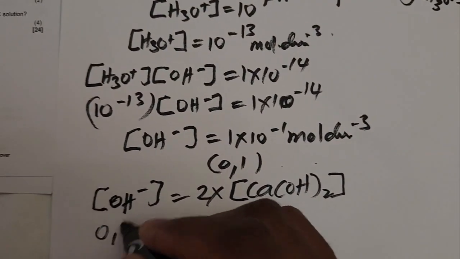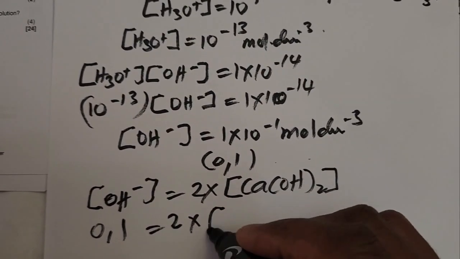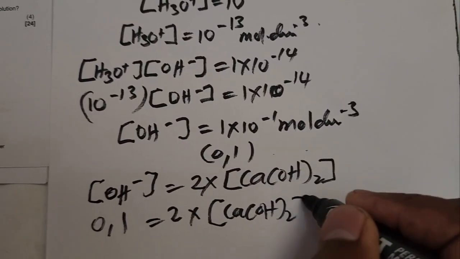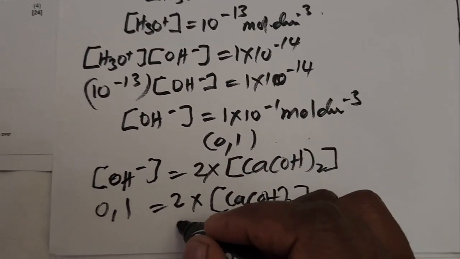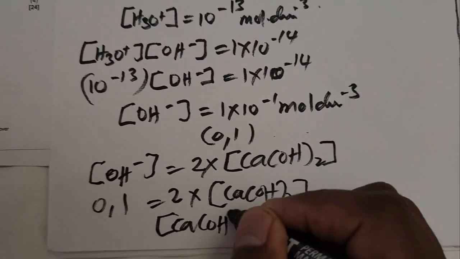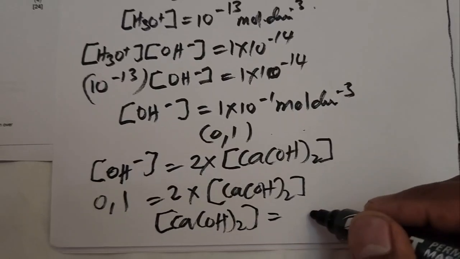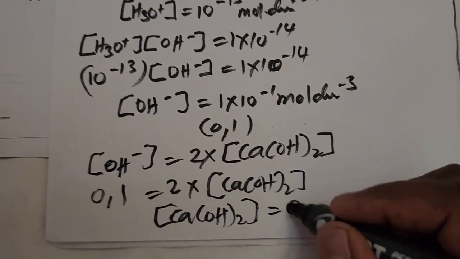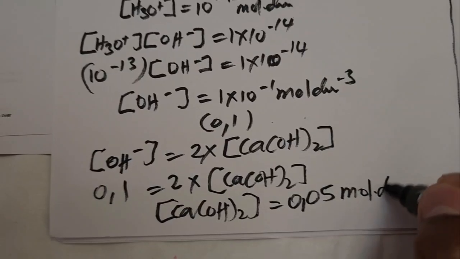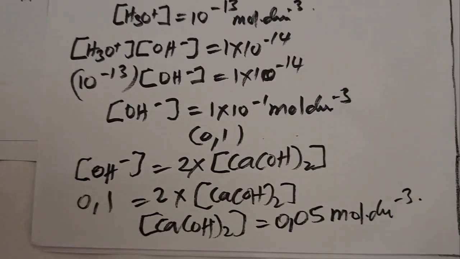If I've got 0,1, which is 2 times the concentration of calcium hydroxide, then the concentration of calcium hydroxide will be half of this, which is 0,05 mol per dm cubed.